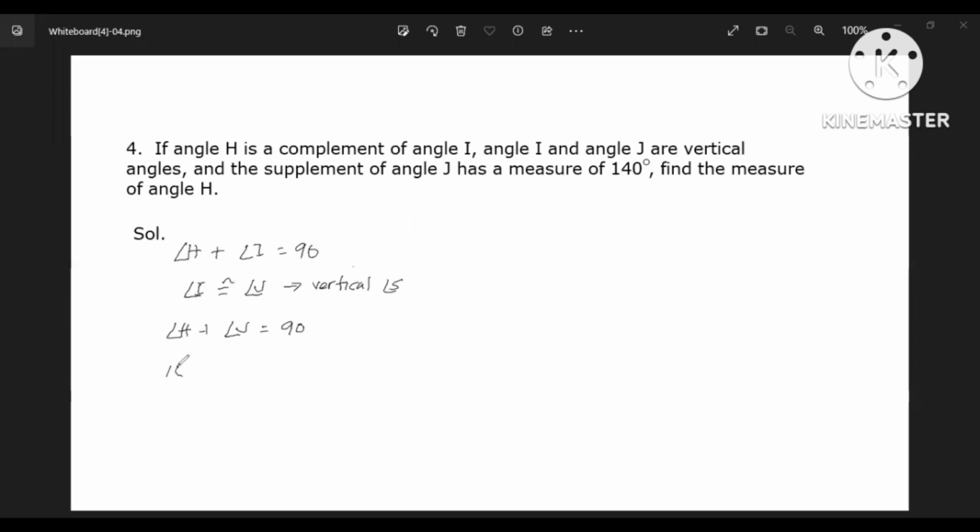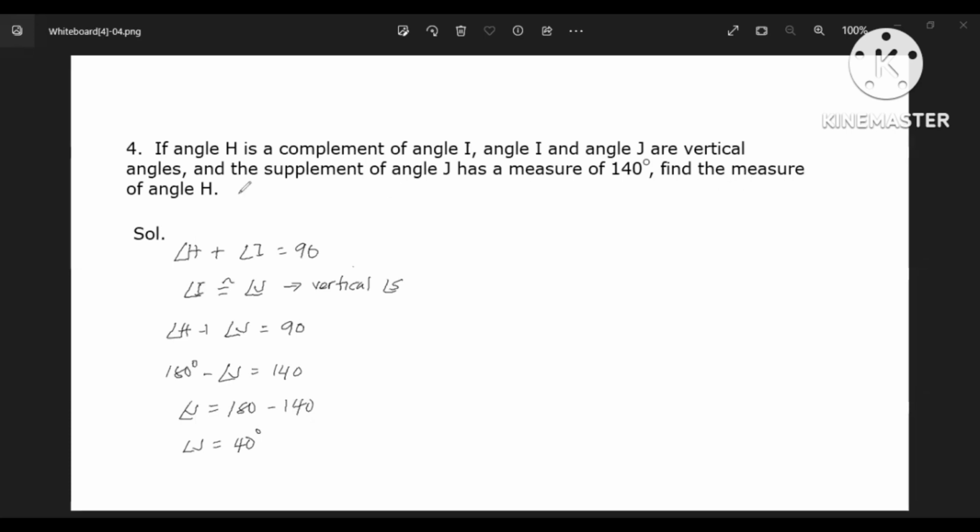Now, since the supplement of angle J is 140, then 180 degrees minus angle J is equal to 140 degrees. So to solve for J, we transpose 140. So that's 180 minus 140, which is equal to 40 degrees. So angle J is 40 degrees.